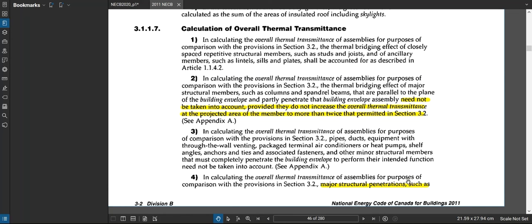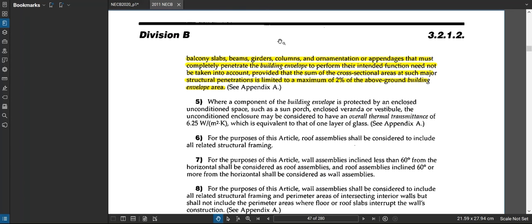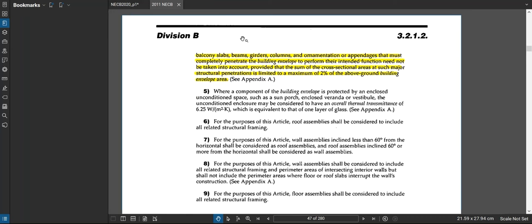Major structural penetrations such as balcony slabs, beams, girders, columns, ornamental, blah, blah, blah, all that stuff didn't have to be taken into account for the purposes of calculating overall thermal transmittance. And that was provided that the sum of the cross-sectional areas of those major structural penetrations is limited to a maximum of 2% of the above ground building envelope area.